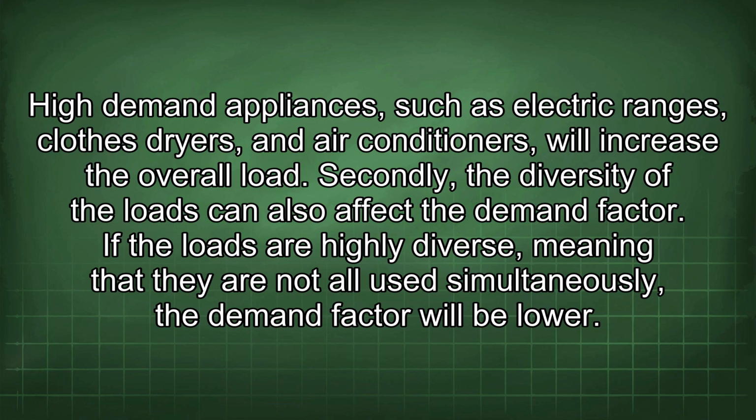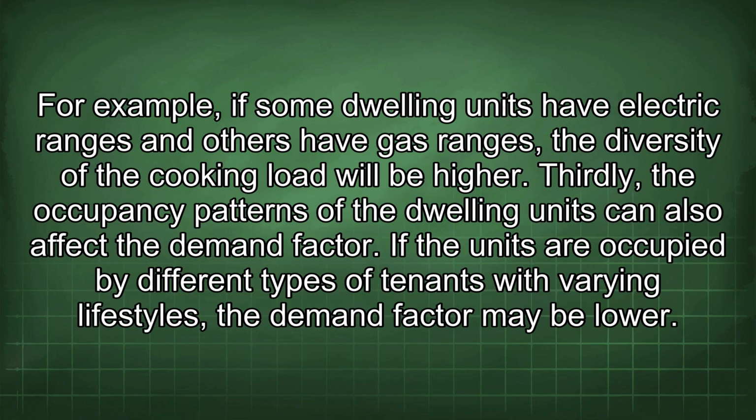Secondly, the diversity of the loads can also affect the demand factor. If the loads are highly diverse, meaning that they are not all used simultaneously, the demand factor will be lower. For example, if some dwelling units have electric ranges and others have gas ranges, the diversity of the cooking load will be higher.